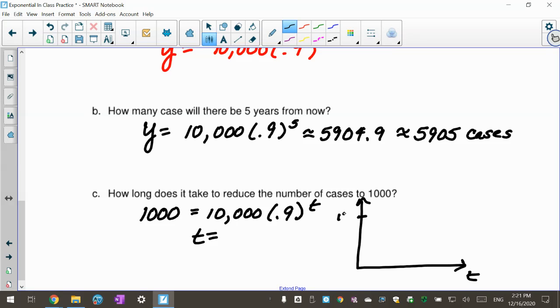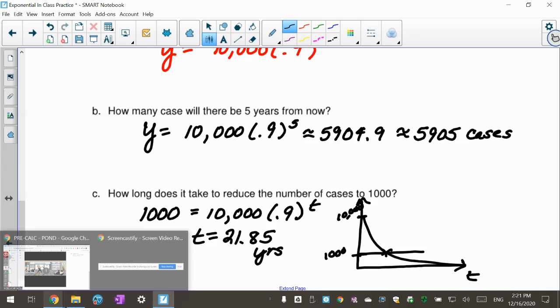It's going to start at 10,000 and it's going to decrease, and I want to know when there's 1,000. This is the graph that you show. When I put it in my calculator, I get 21.85 years. So hopefully this in-class practice is a little bit of a review for you, because we've been doing this a lot, and I just wanted to make sure that you had the video for it.